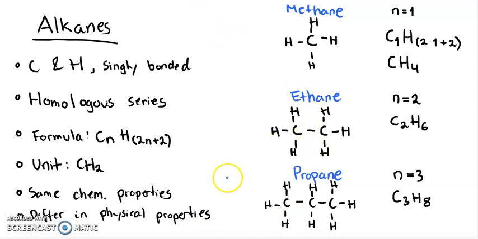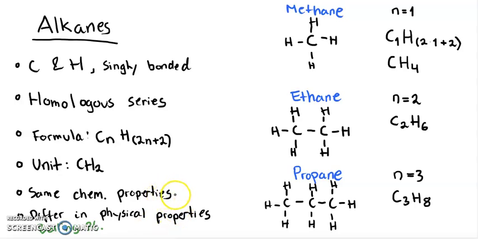If we have a look at, for example, the boiling point, I'm going to write the boiling point here in green. The boiling point is a physical property, the same as the melting point.